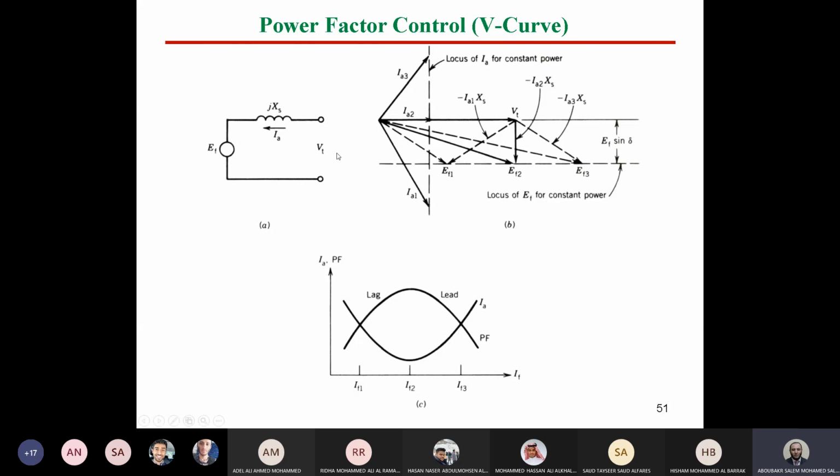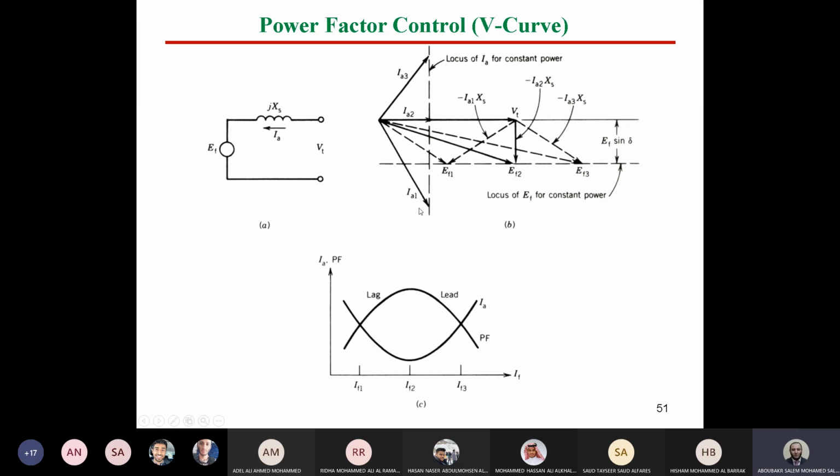So, as you know, this is the phasor diagram for constant power at different power factor values. Here, power factor is leading. Here, power factor is unity. Here, power factor is lagging. And this is the case for the three excitation voltages. For a high value of excitation, EF3, you will find IA is leading.